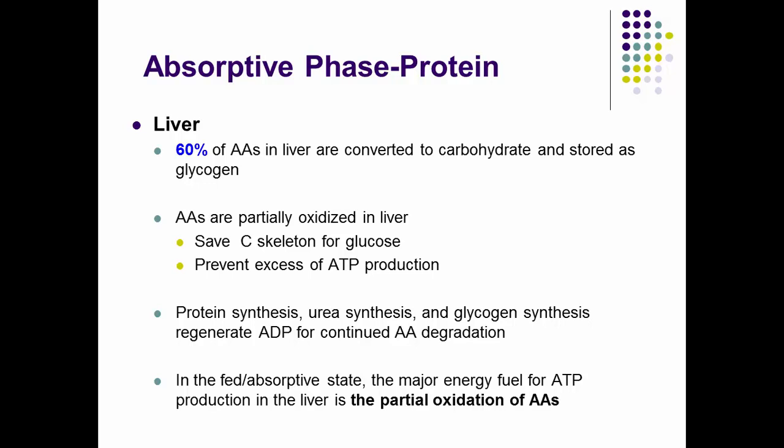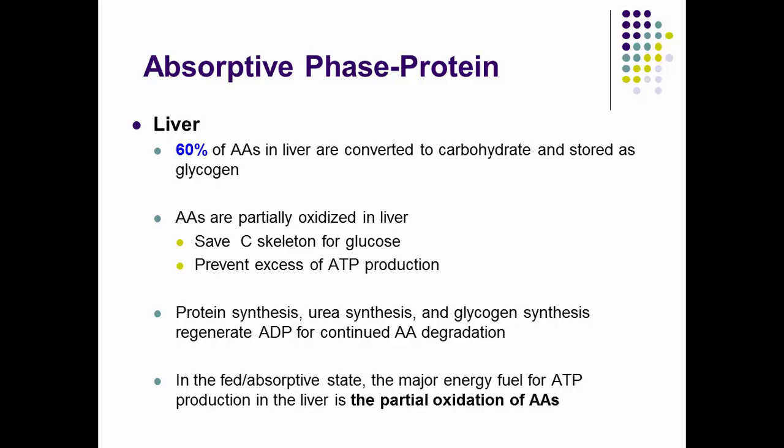So let's talk about the protein metabolism in the liver during this absorptive phase. Of the amino acids taken up by the liver, 60% will be converted to carbohydrate and stored as glycogen.